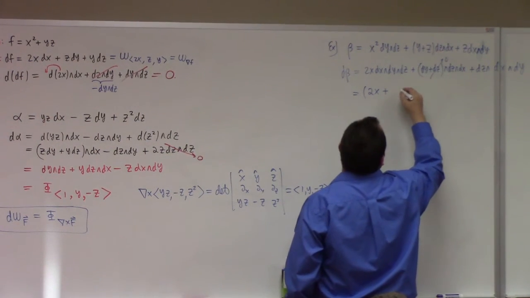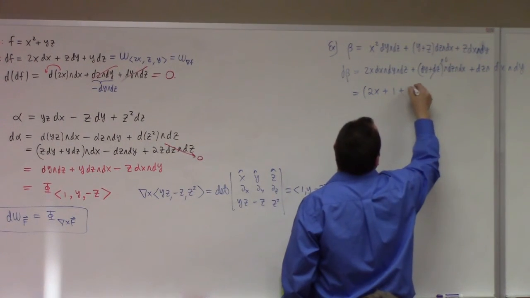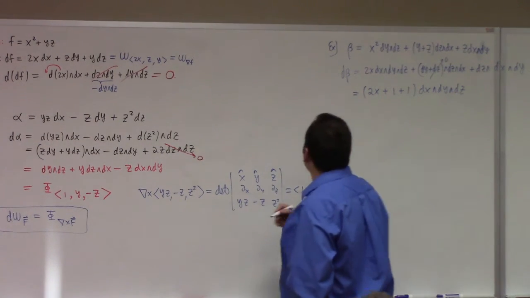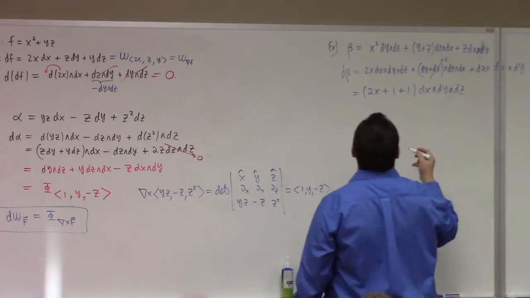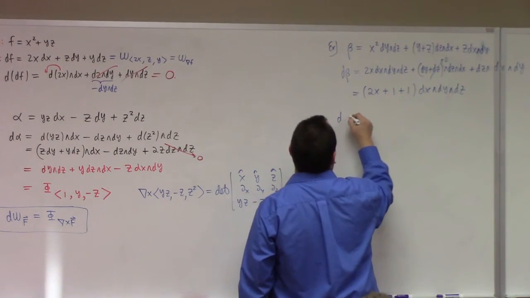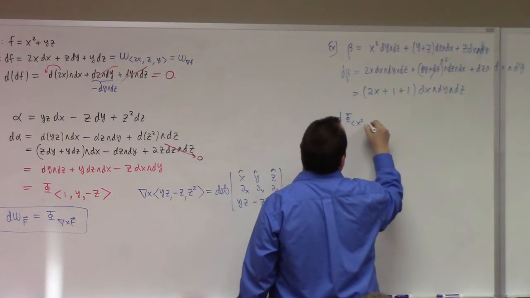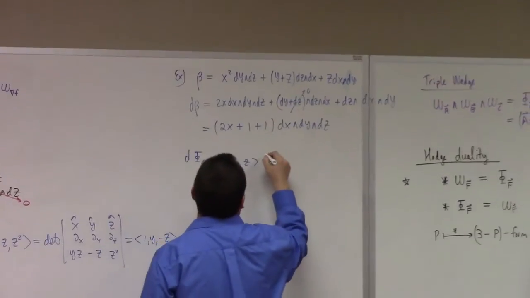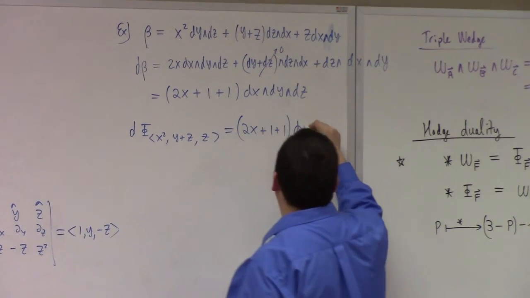So we get 2x plus 1 plus 1 dx wedge dy wedge dz. So, in other words, we have the differential of the flux form of the vector field x squared, y plus z, z is equal to 2x plus 1 dx wedge dy wedge dz.